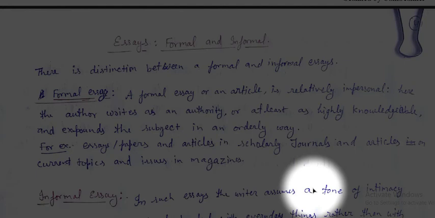Here the author writes as an authority or at least as highly knowledgeable and expounds the subject in an orderly way. For example, essays, papers, and articles in scholarly journals and articles on current topics and issues in magazines.